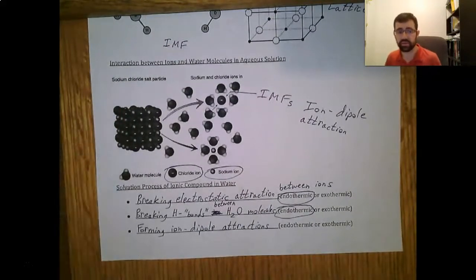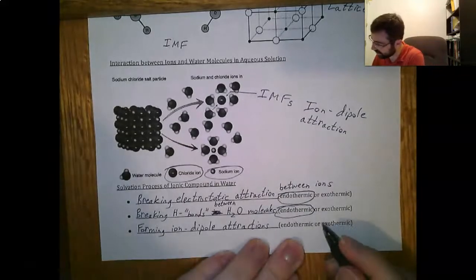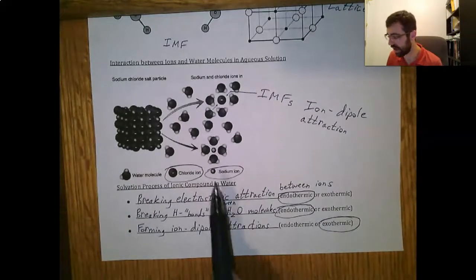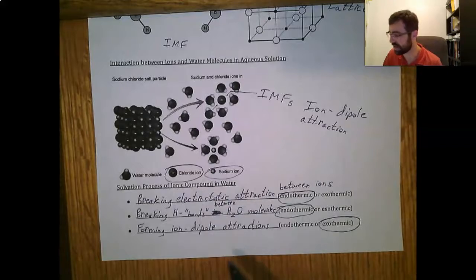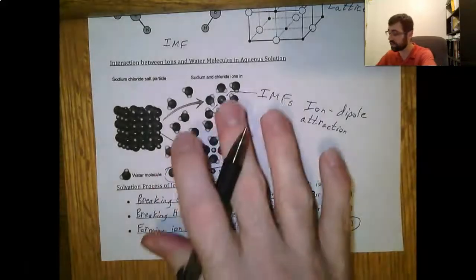It releases energy when that happens because it is favorable, so it tends to happen. It is an exothermic process. Okay, so the formation of bonds and formation of attraction, formation of IMFs is going to be exothermic. The breaking of IMFs is endothermic. Okay, let's go to the other side.